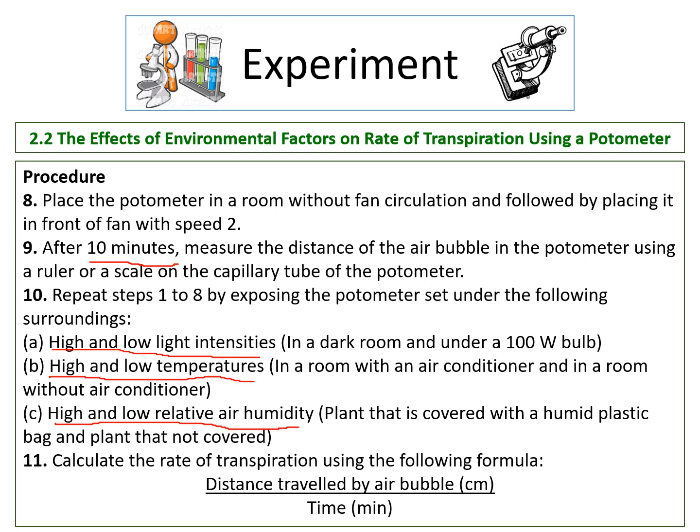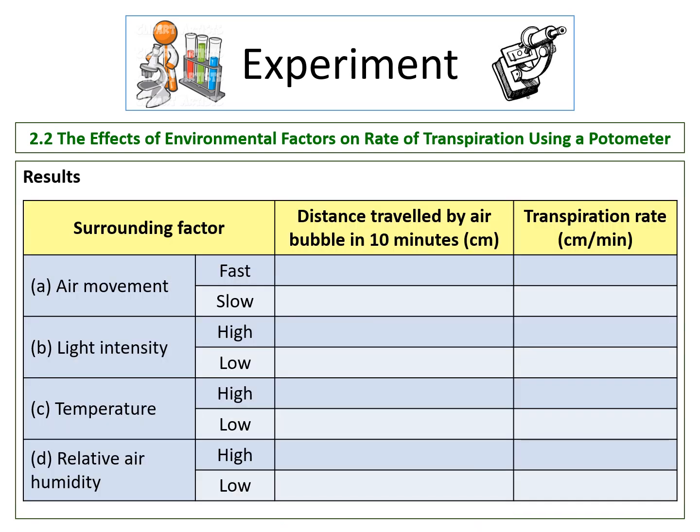And then procedure number 11, calculate the rate of transpiration. We use this formula. This is the example of table that we can use to record the result. Surrounding factor, distance traveled by a bubble in 10 minutes.